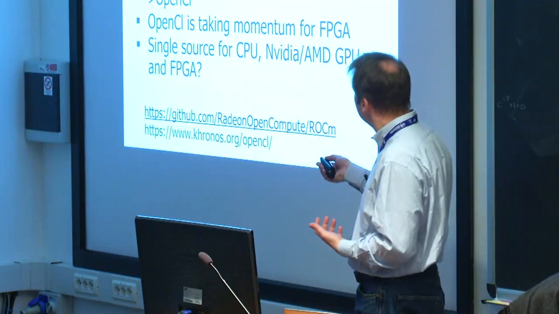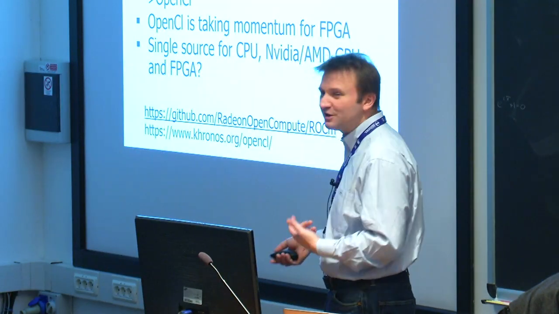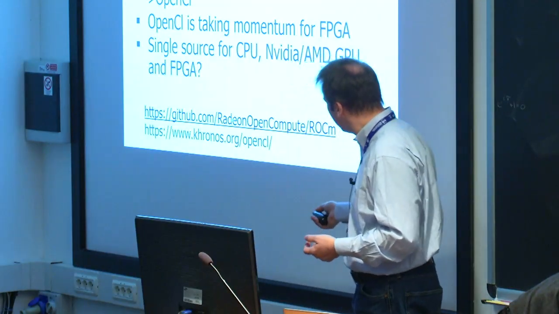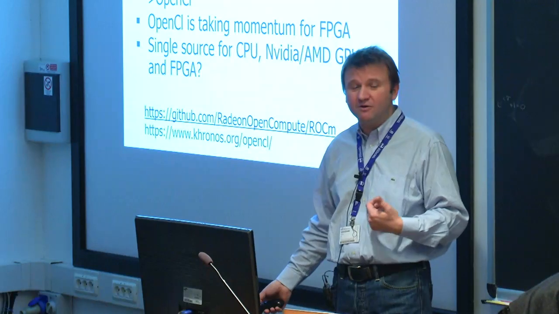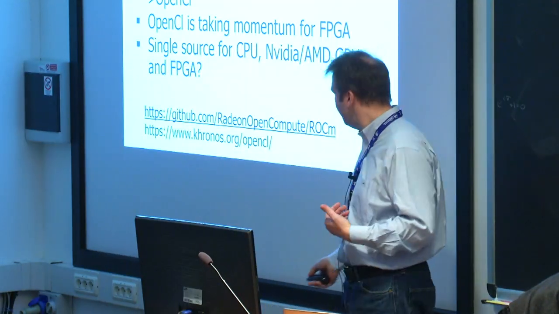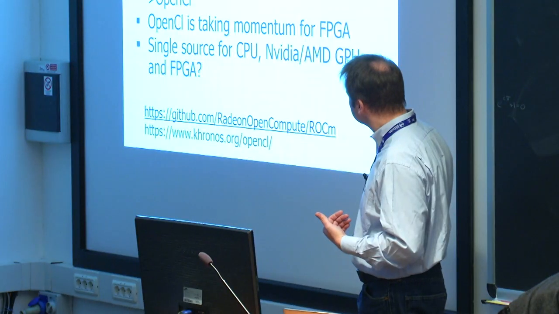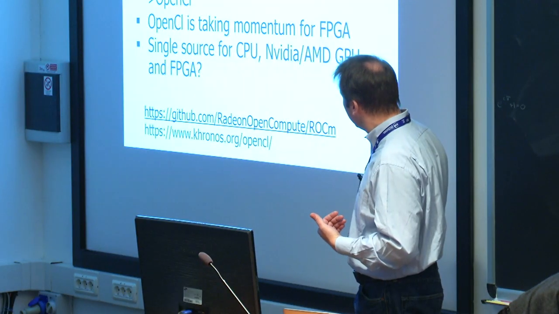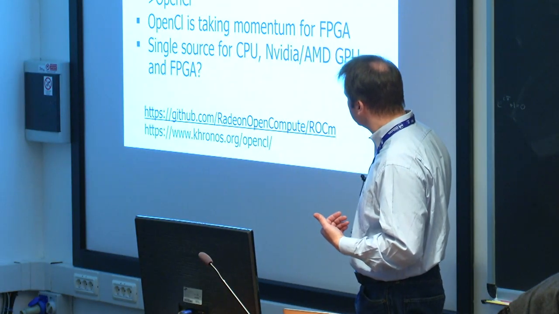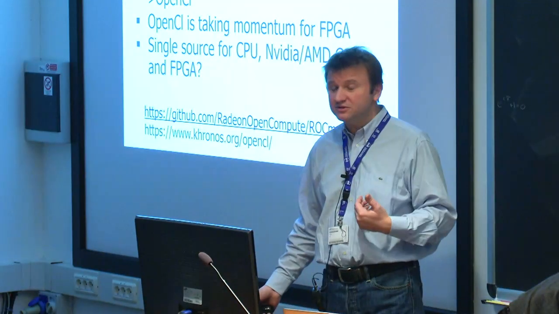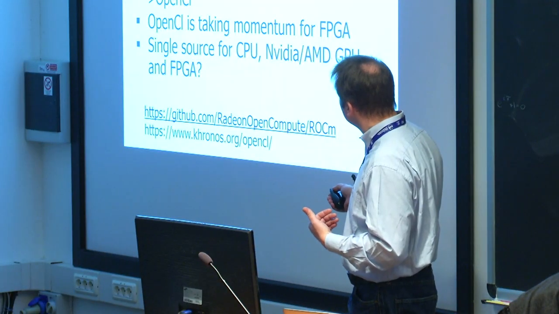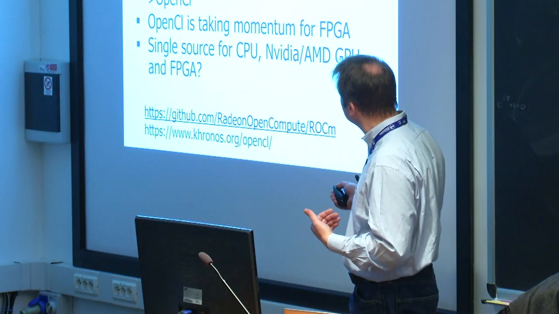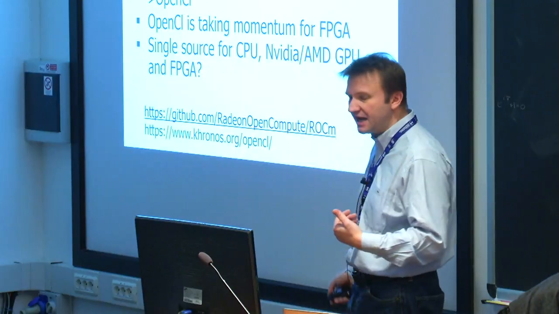So there is this Radeon Open Compute, another open, that is available on GitHub, and you can download the driver for AMD and all the software stack that can also be used to perform a source-to-source conversion of CUDA to OpenCL.